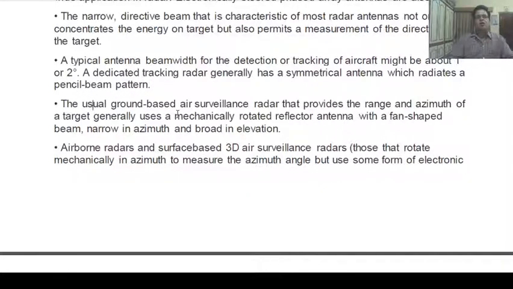The usual ground-based air surveillance radar that provides the range and azimuth of a target generally uses a mechanically rotated reflector antenna with a fan-shaped beam, narrow in azimuth and broad in elevation.